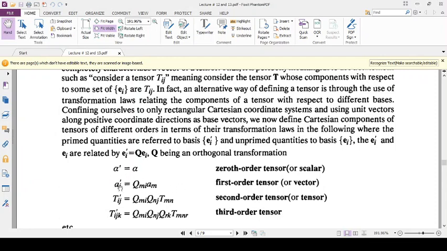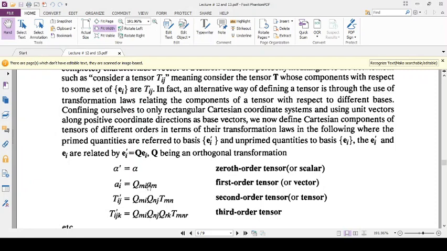This is the transformation law for the components of a vector, and this is the transformation law for the components of a tensor, second order tensor. Now we will say that this vector is a first order tensor and this tensor is a second order tensor.